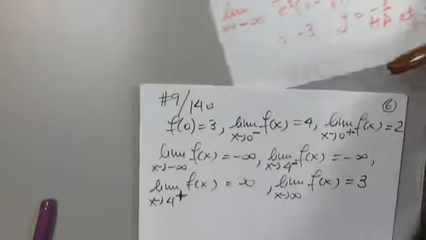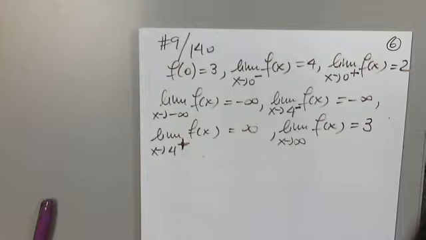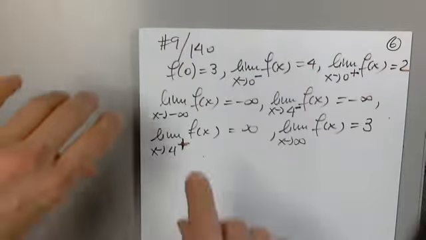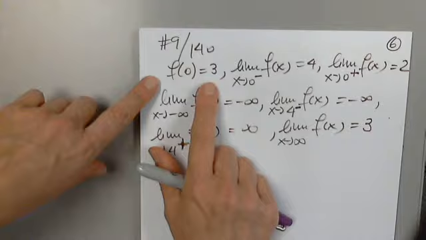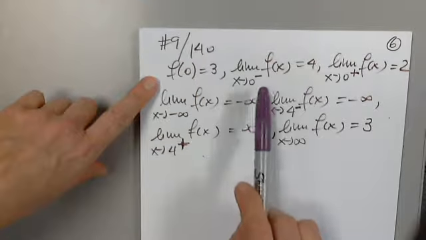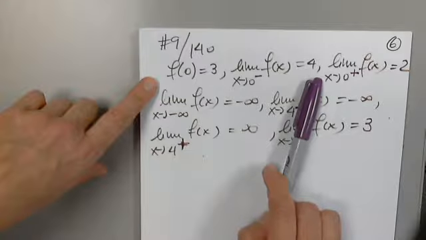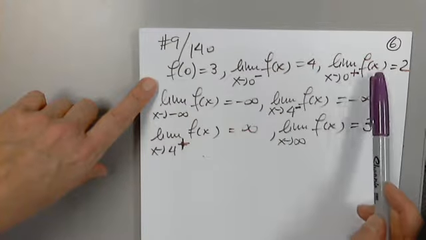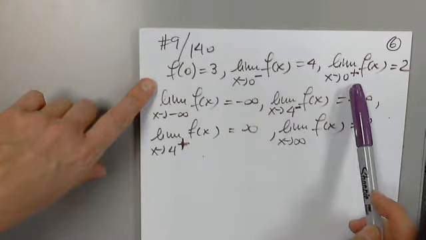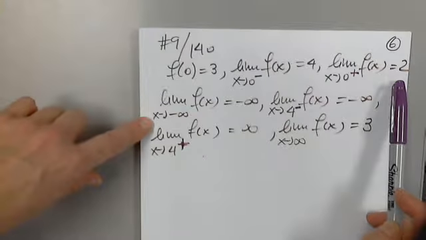Oops, sorry, you can't see. Should I read them back to you? So f of 0 is 3. Limit of f of x as x approaches 0 from the left is 4. Limit of f of x as x approaches 0 from the right is 2.